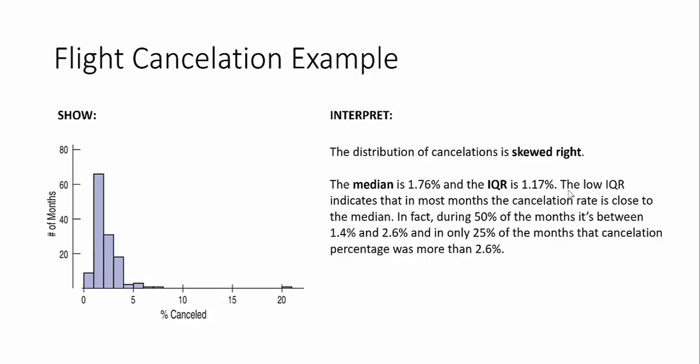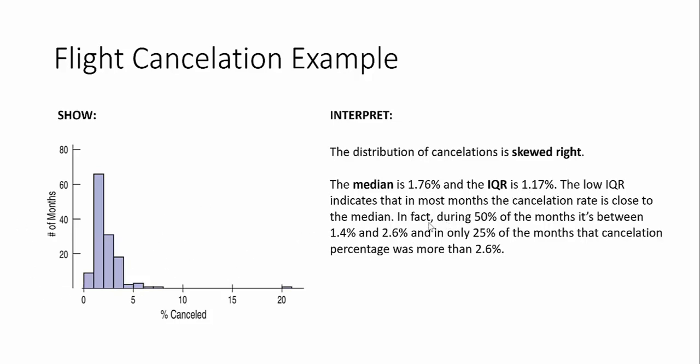The low IQR indicates that in most months, the cancellation rate is very close to that median. In fact, remember that this IQR is 50%, so let's mention that specifically. During 50% of the months, it's between 1.4 and 2.6. The only reason that we knew that is, remember, somebody had to go through these calculations.